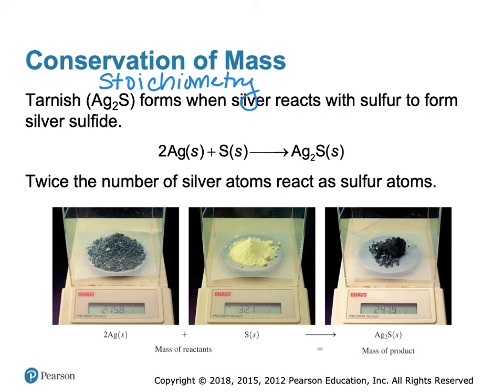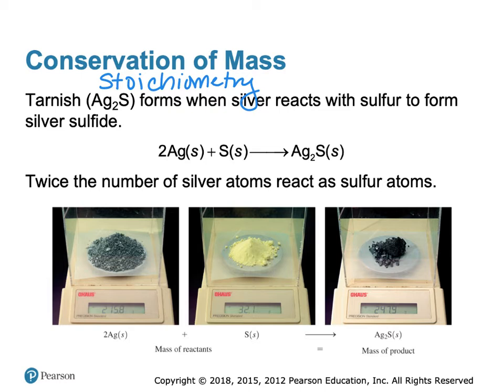So we're going to look at mole relationships in a balanced chemical equation. Here we have the balanced reaction that shows the tarnish of silver, so that we have silver metal and sulfur, and then we will form silver sulfide. When we balanced our chemical equations, we saw that the coefficients in an equation represent numbers of molecules.